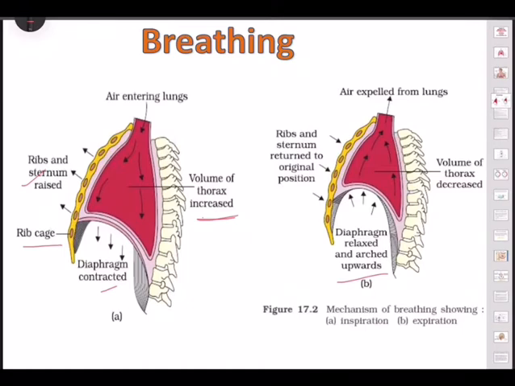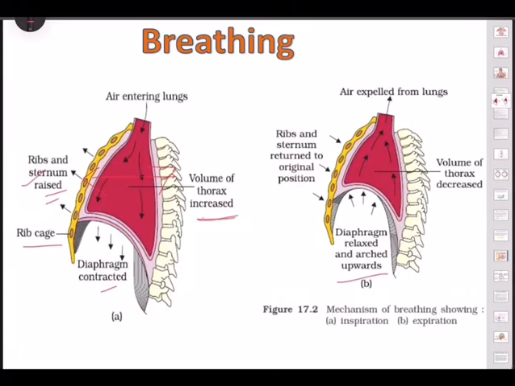The diaphragm gets lowered, thereby increasing the volume of the thoracic chamber in the anterior-posterior axis. The contraction of external intercostal muscles lifts up the ribs and the sternum, causing an increase in the volume of the thoracic chamber in the dorsoventral axis.